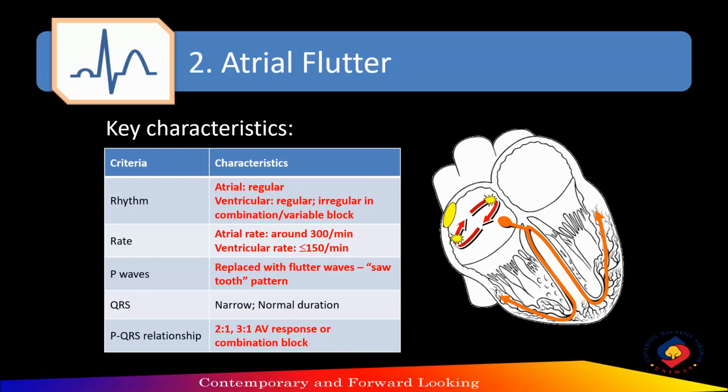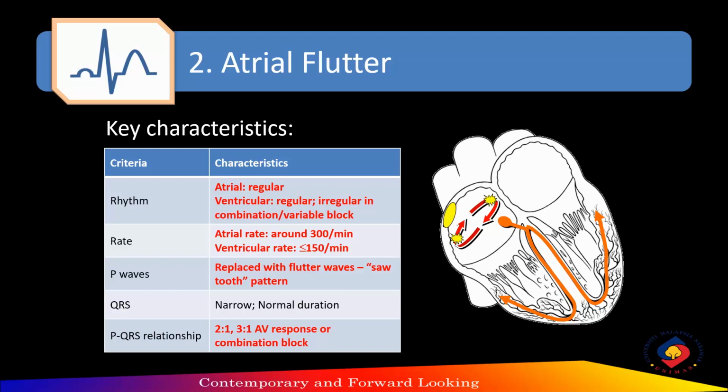The length of the re-entry circuit corresponds to the size of your right atrium, resulting in a fairly predictable atrial rate of about 300 beats per minute, and may range between 200 to 400 beats per minute.